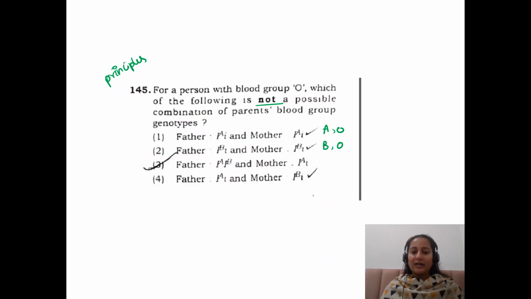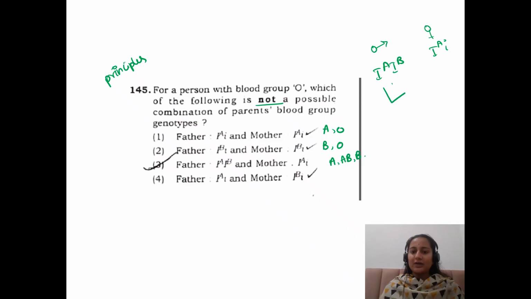If you have the father with AB and the mother with A group, the possible groups are either A group or AB group or B group, but not the O group. Let us see properly. IAIB, father genotype, IAi, mother genotype.